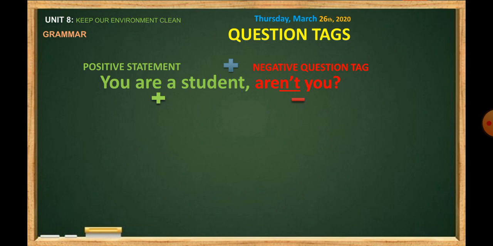So the rule says if or when the statement, this is the statement in green color, you are a student, and as you can see it's positive. You see the verb are, the verb to be, it's in the simple present and it's in affirmative. It means it's positive.